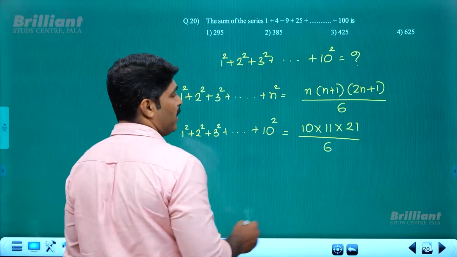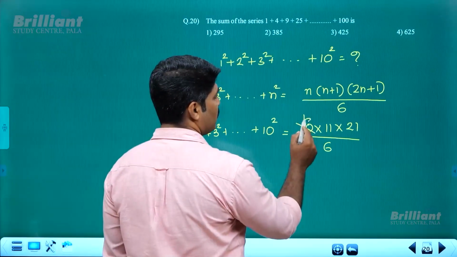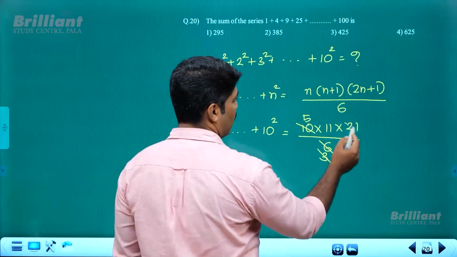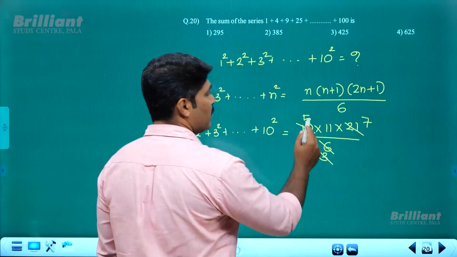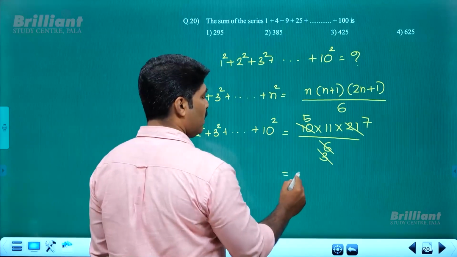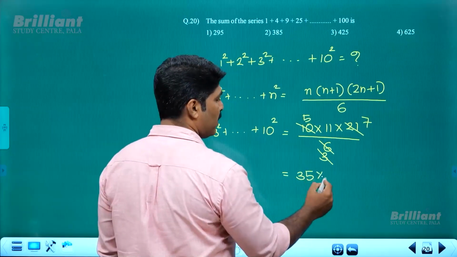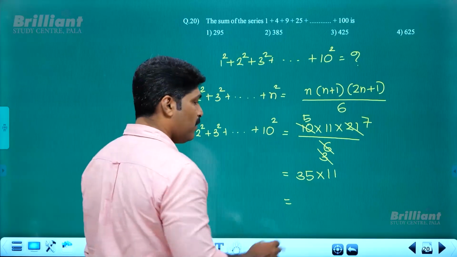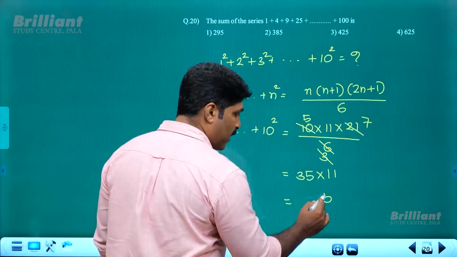So simplify this one here. We know that this is 5 times 2, this is 3 times 2, and here this is 7. So this is 35 into 11. It is easy to multiply any number by 11. What you have to do: first write this 5.